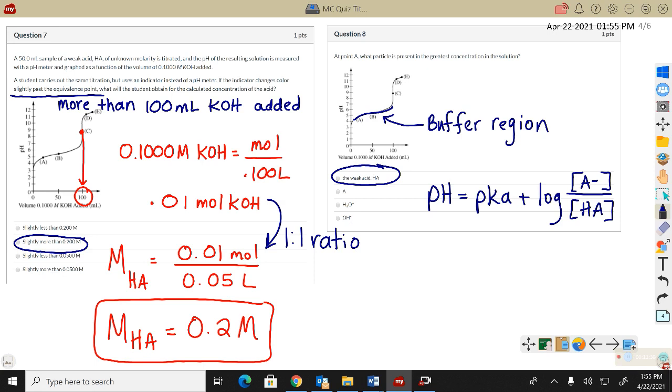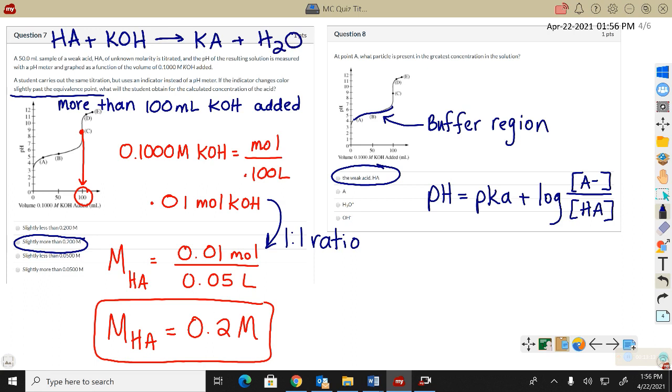If I take that 100 milliliters, it's a 0.1 molar solution, I cross multiply, there's supposed to be 0.01 moles of KOH, which then, if I just have one hydrogen and one hydroxide, I know that they would have reacted at a 1-to-1 ratio. And now I could have written the balanced equation like HA plus KOH, but if everything's a +1 -1, I would have ended up with K A, whatever A is, the conjugate base, and water, hydrogen hydroxide.